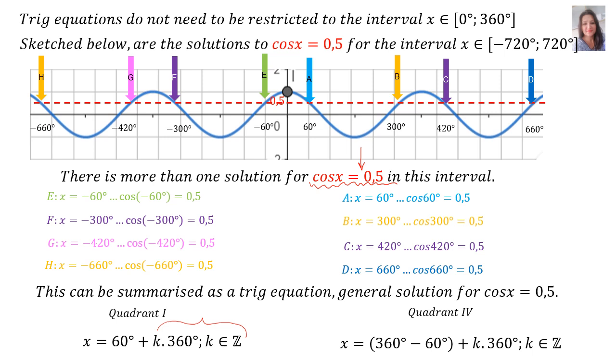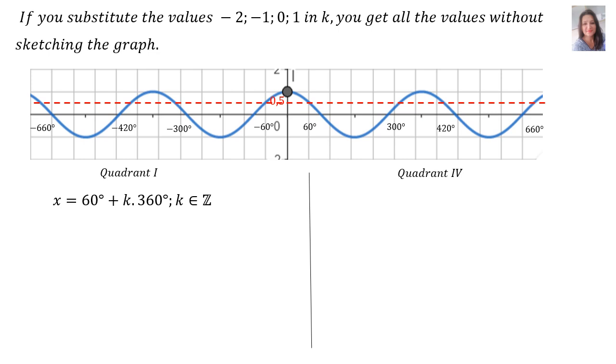And now the general solution is exactly the specific solution. X is 360 minus 60, but then for general solution we add plus k times 360, k element z. Now if you substitute the values -2, -1, 0, 1 in k's place, you get all the values without sketching the graph. Now let's see.